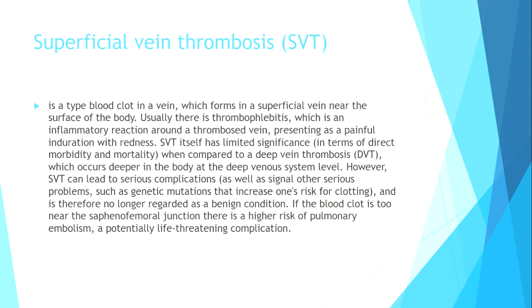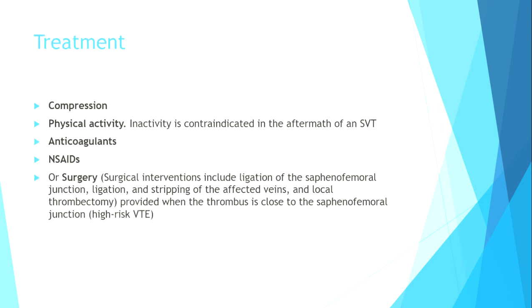If the blood clot is too near to the saphenofemoral junction, there is a higher risk of pulmonary embolism, a potentially life-threatening condition. Treatment: compression, physical activity. Inactivity is contraindicated in the aftermath of a superficial venous thrombosis.